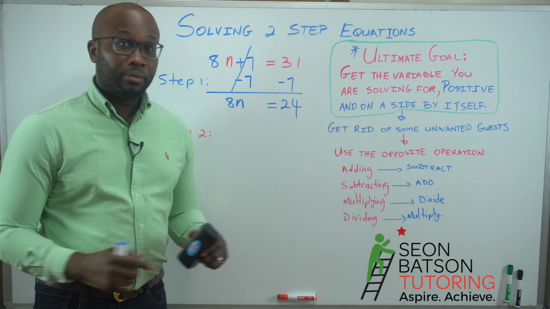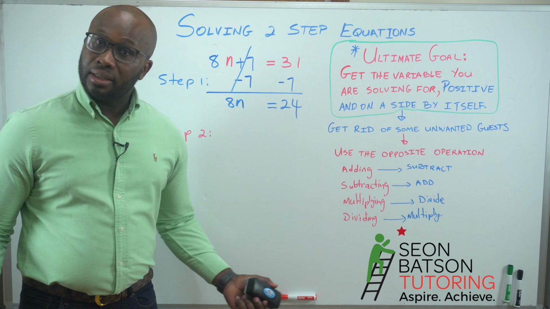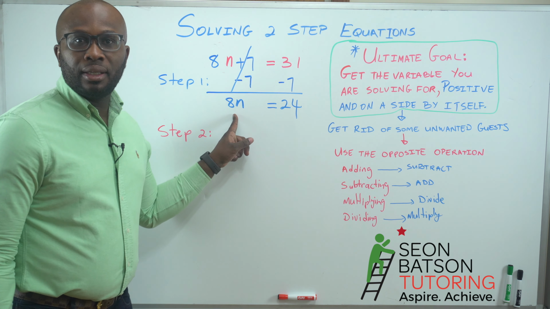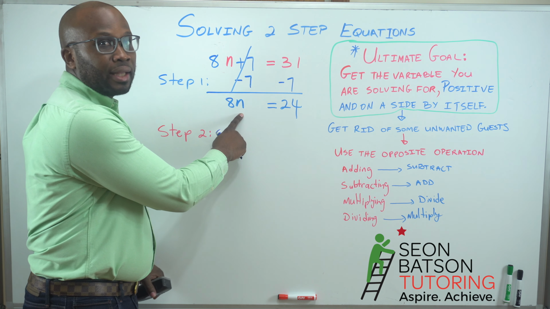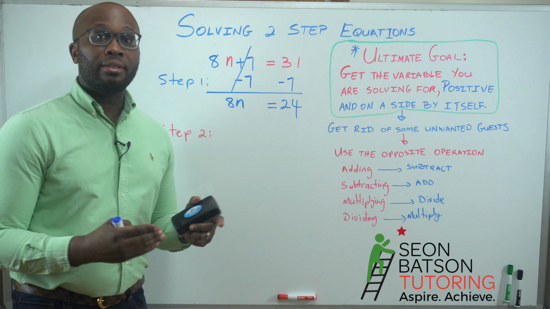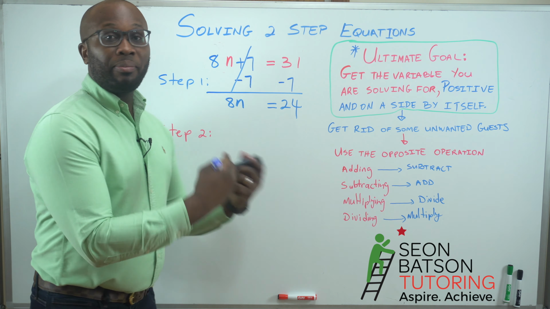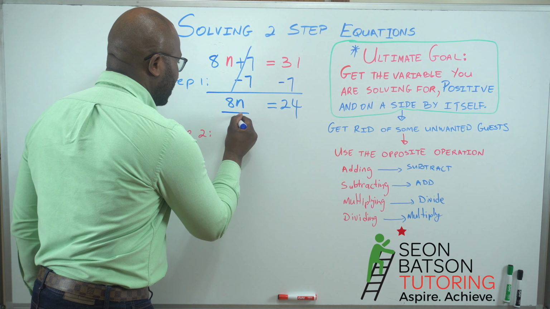We aren't finished though, because remember, our ultimate goal is to get the n by itself. Still an unwanted guest, the 8. How do we get rid of the 8? Well, the 8 is multiplying the n, because remember 8n is the same as 8 times n. So since the 8 is multiplying the n, we are going to divide by 8.